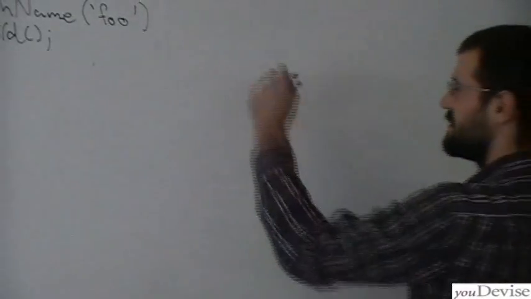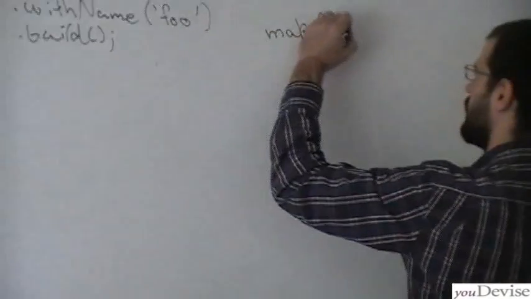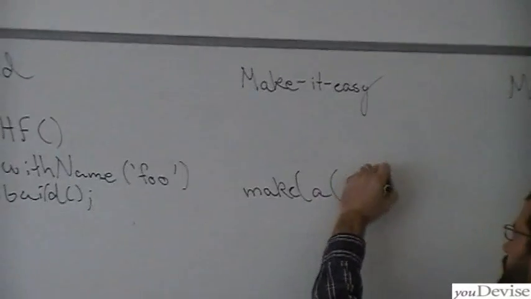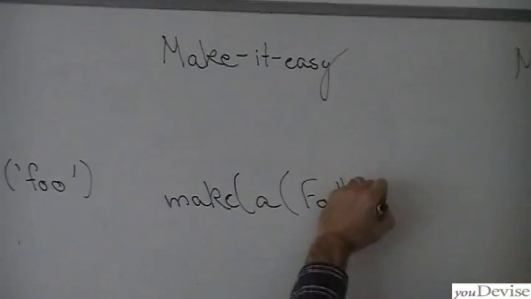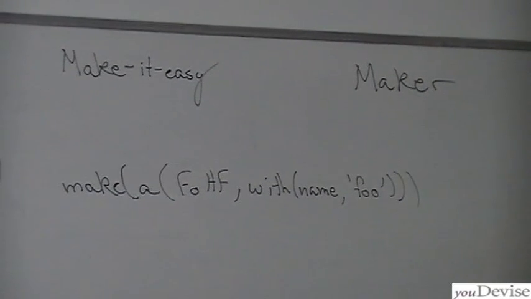So the way something like this would look in Make It Easy is you'd say, make a fop with name foo. I think I closed it off. And that looks great. It actually reads really well until you realize what it has now done to your namespace.